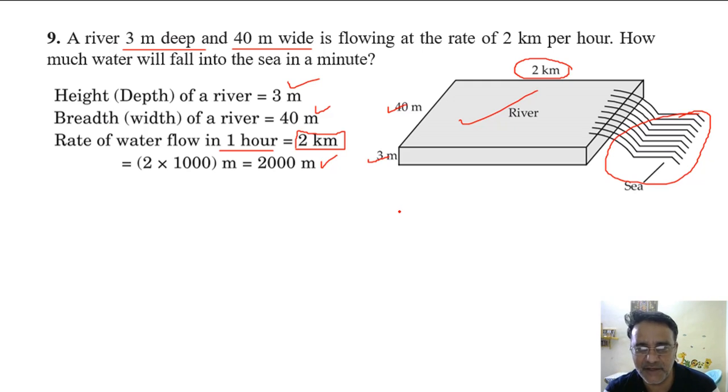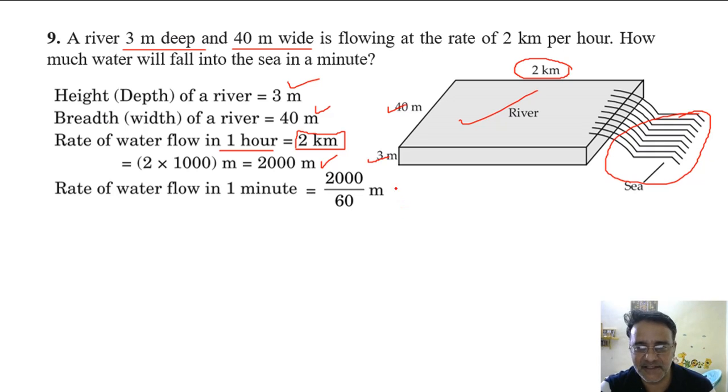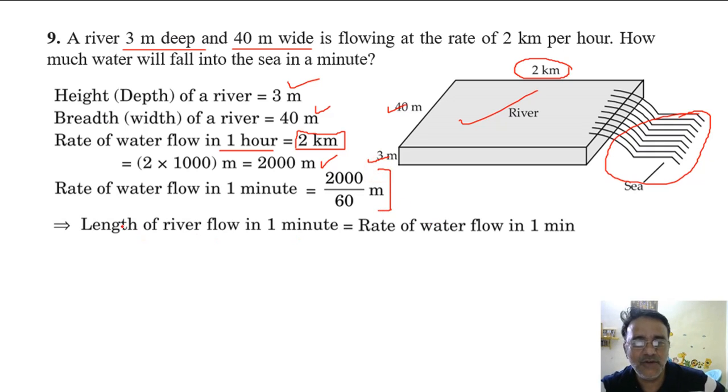The rate of water flow in 1 hour is 2000. What will be in 1 minute? 2000 by 60. Very good, 2000 by 60. This is clear? Okay. So now the length of river water in 1 minute will be equal to the rate of water flow in 1 minute, that is 2000 by 60.